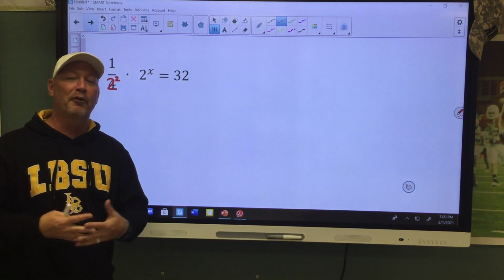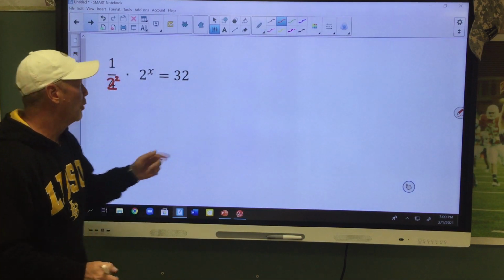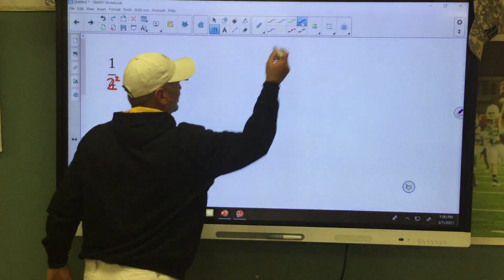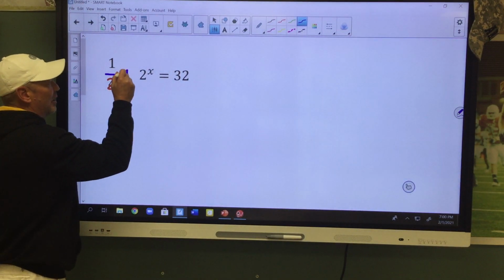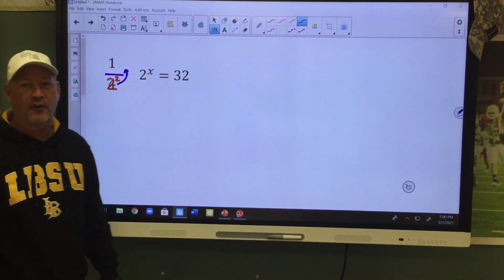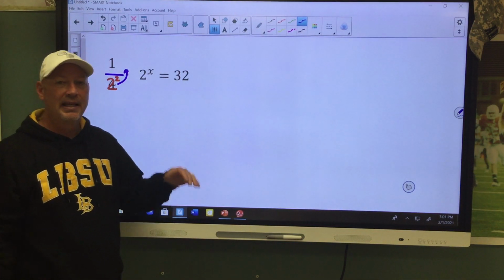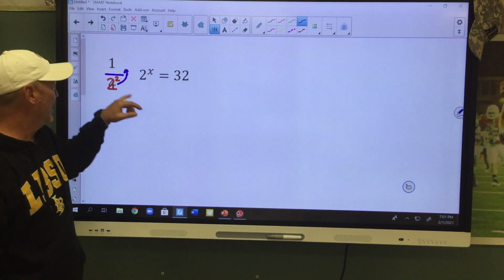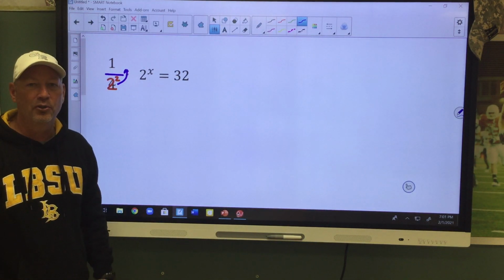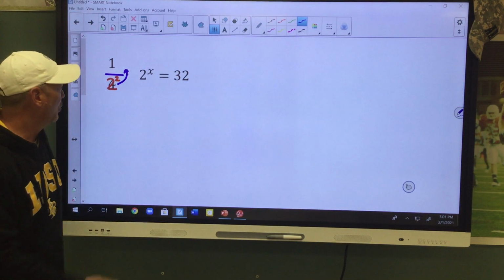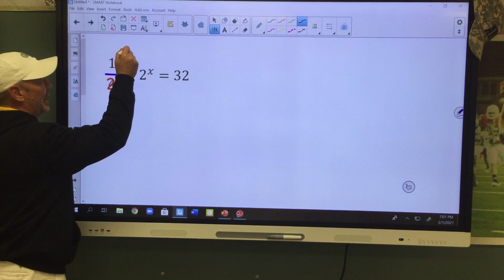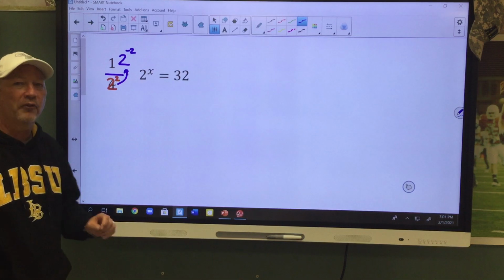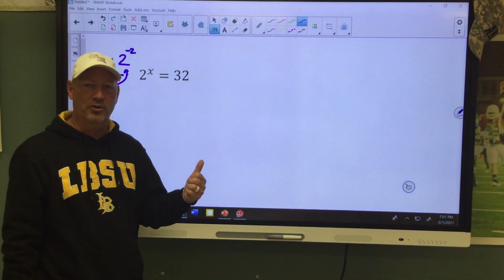But what we remember from the other worksheets is when I have this fraction bar and I push this to the other side of the fraction bar, it changes from an exponent with a positive 2 to a negative 2. So when this pushes up, this becomes 2 to the negative 2. Hopefully you remember that from the last worksheet.